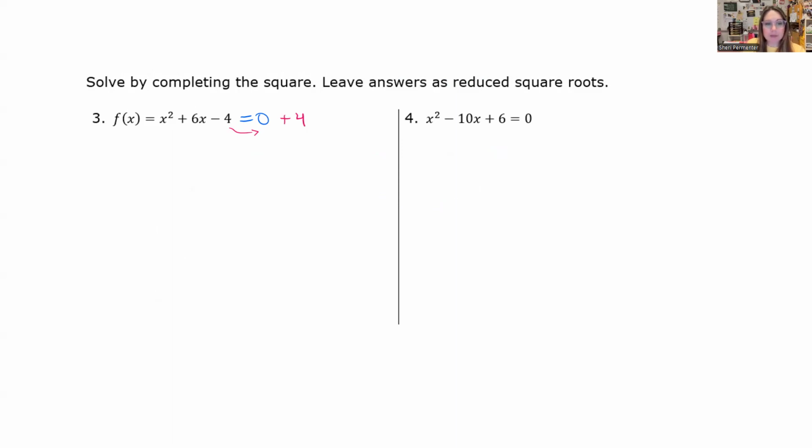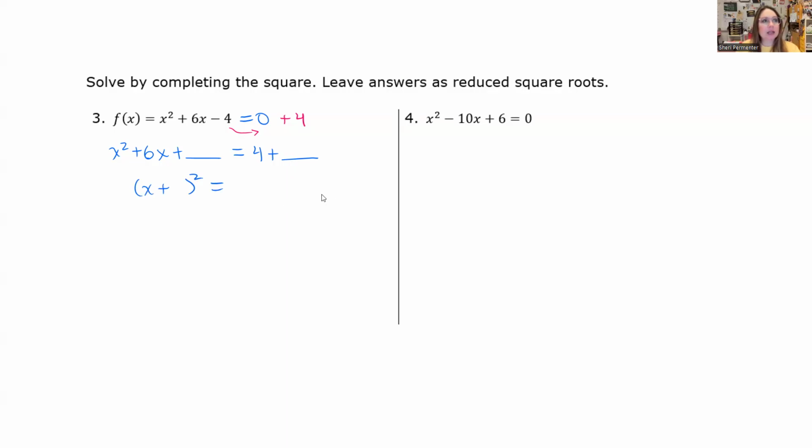I'll rewrite my problem, scooting it over a little to the left so I have enough room to work. I'll have x squared plus 6x plus blank equals 4 plus blank. It's always plus blank. And then my next line is where it's factored.